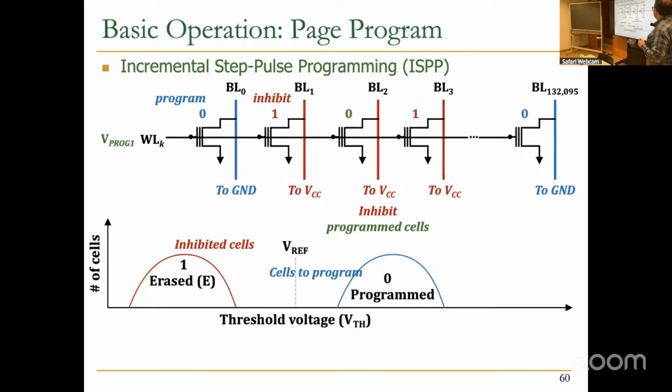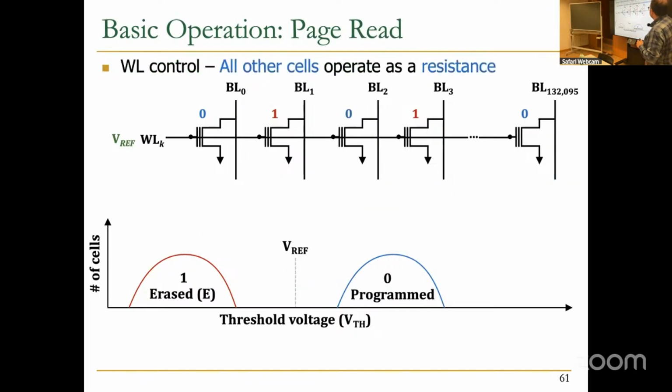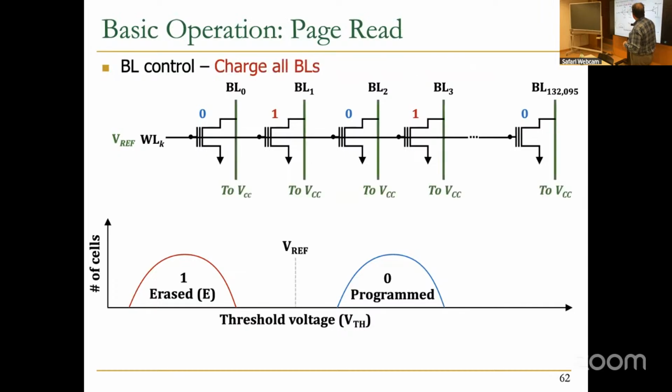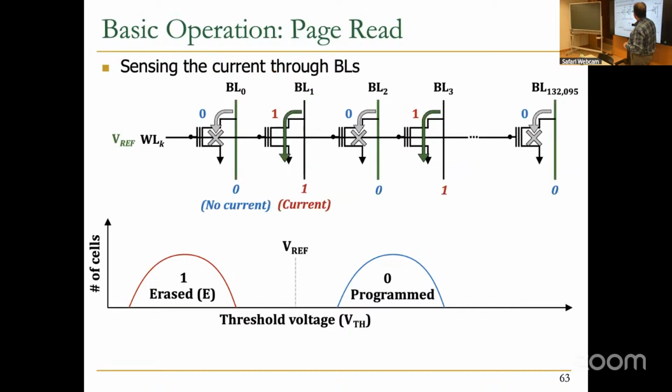Okay, interesting. So when you want to read, you need to apply a reference voltage, as we discussed. In SLC it is actually easy. You apply the reference voltage here, and you charge all bit lines. Basically, they're going to be VCC, and then you monitor whether the current flows or not.